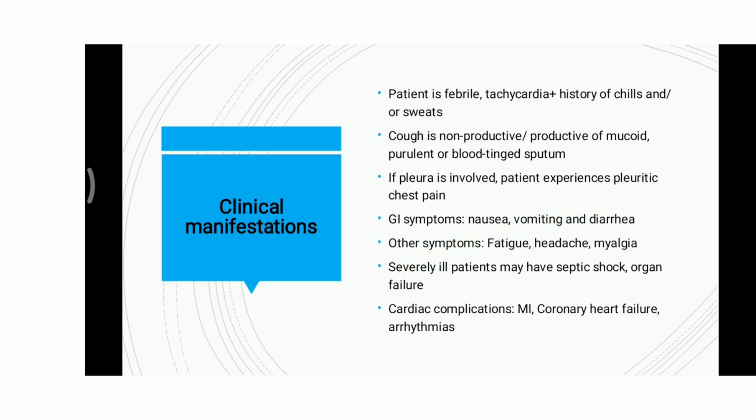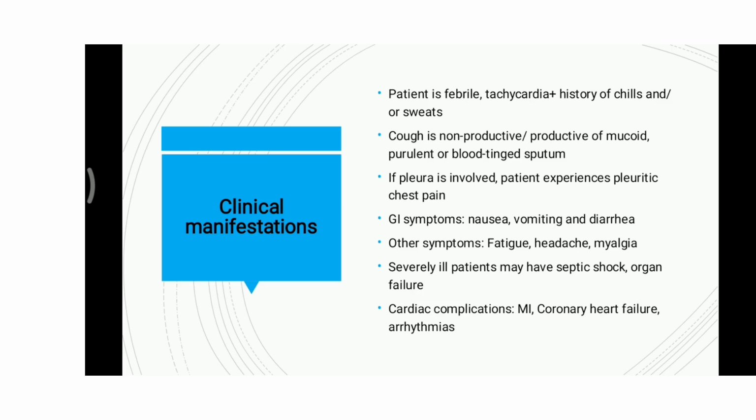What are the clinical manifestations of patients who are suffering from community acquired pneumonia? The patient will be febrile, meaning he will have fever. He will have tachycardia, increased heart rate, and also some history of chills and, in some cases, sweats. Cough can be classified into productive and non-productive.